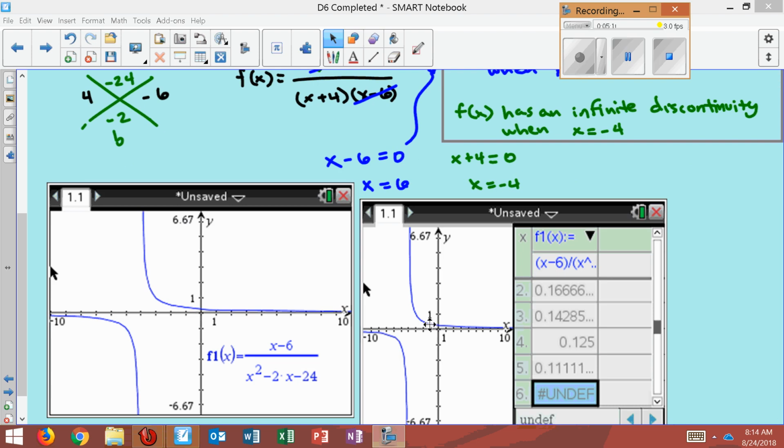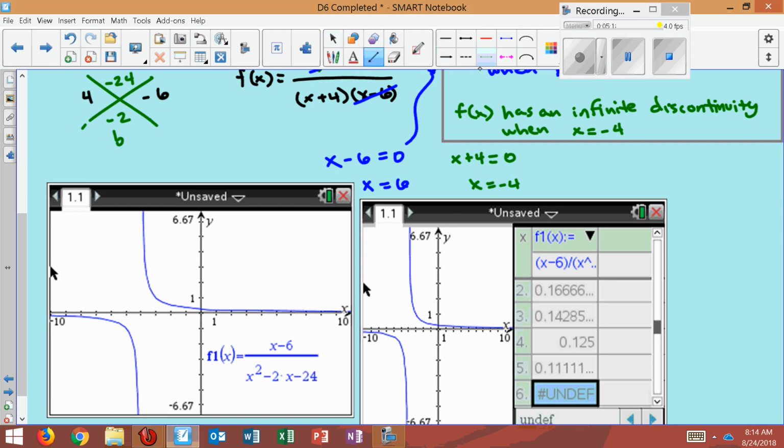Okay, now that I have these graphs, check this out. The infinite discontinuity is in green here. When you graph it at -4, this graph breaks and goes to infinity on both sides. That's why it's an infinite discontinuity. That was at -4. The removable discontinuity happened when x equaled 6. This said here, x equals 6 is undefined.